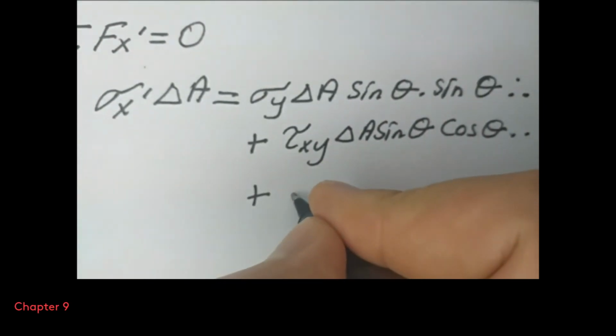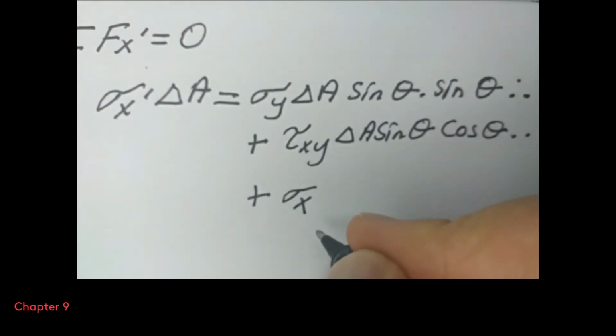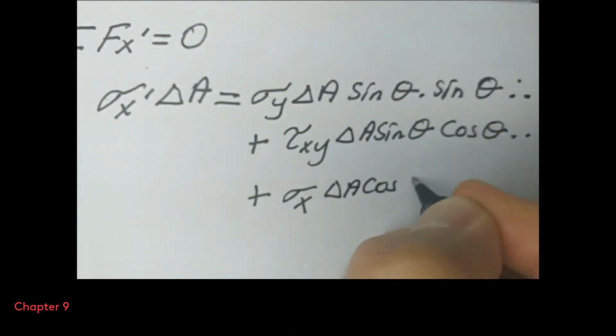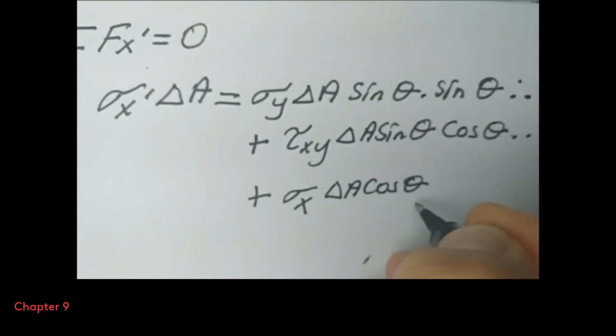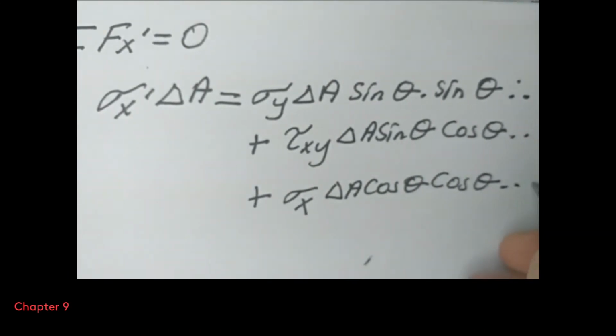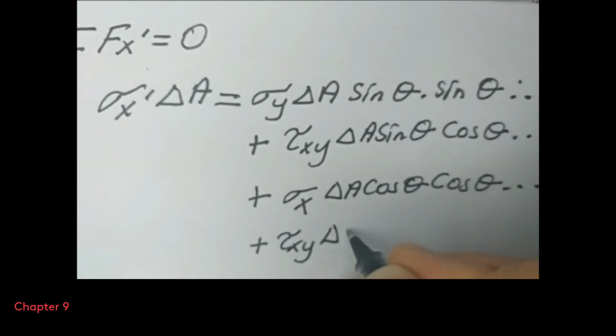Now the force generated by this stress is delta A multiplied by cosine theta, and its projection onto the x prime axis is multiplied by cosine theta, plus now we have the shear force. So it is delta A multiplied by cosine theta. Now its projection is sine theta.